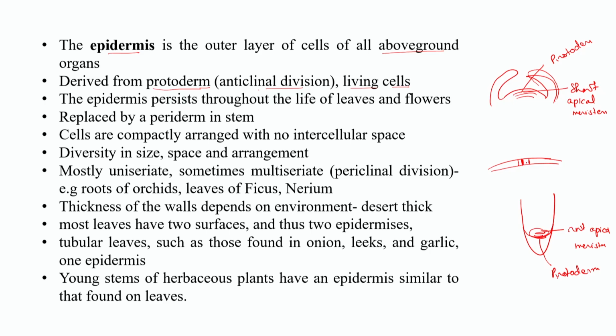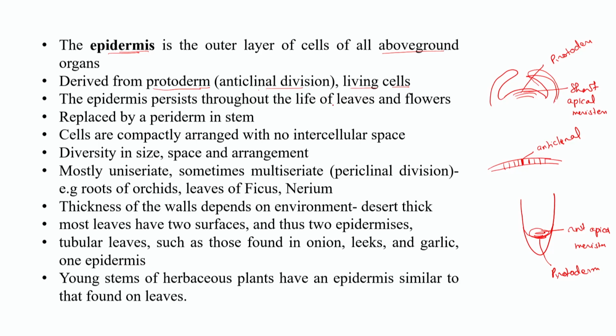In this way, if it is dividing, it is increasing the number of cells on either side. So this type of division is anticlinal, perpendicular to the surface, clinal. That means perpendicular to the surface. So it is increasing the number of cells on the surface, it is increasing the surface area. So this is basically the epidermis.